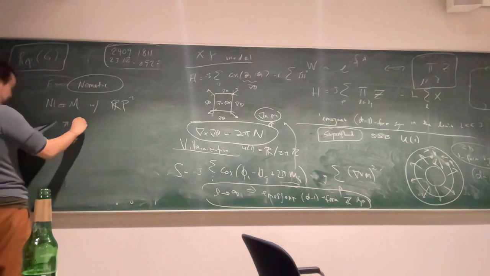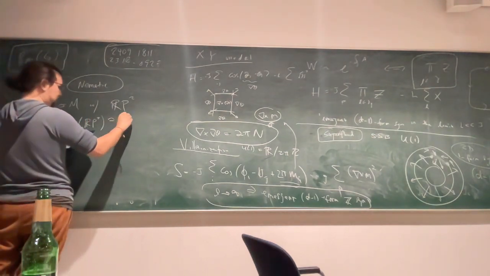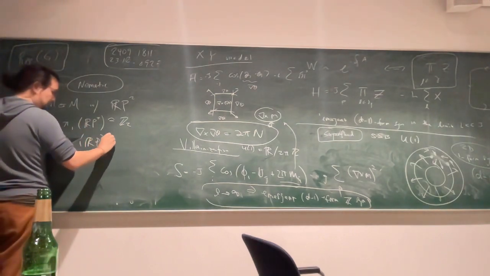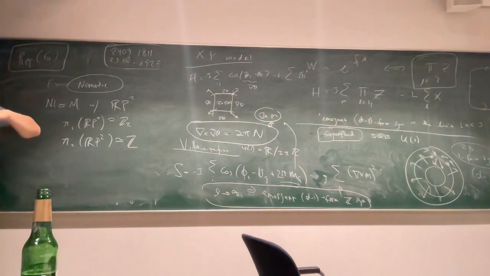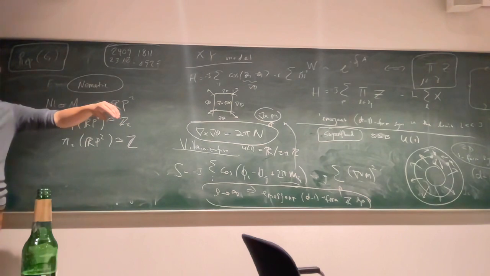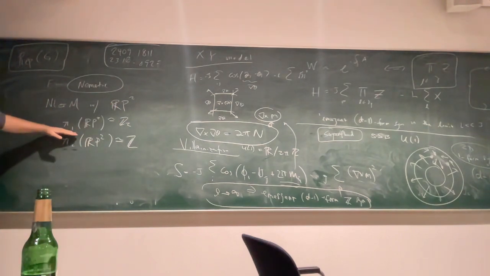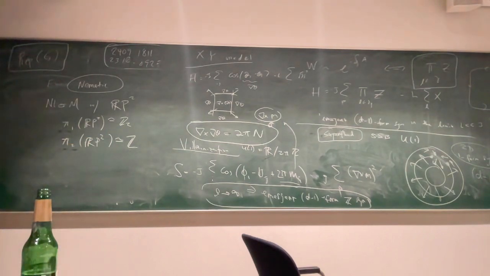Pi1 of RP2 is Z2, and pi2 of RP2 is Z. And so in three spatial dimensions, it will support string excitations, vortex strings, coming from here, as well as vortex particles coming from here. And the vortex strings can terminate on the particles. This is very non-trivial to actually see, but in principle it can happen.